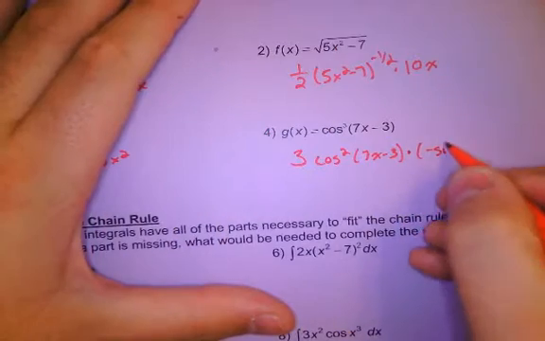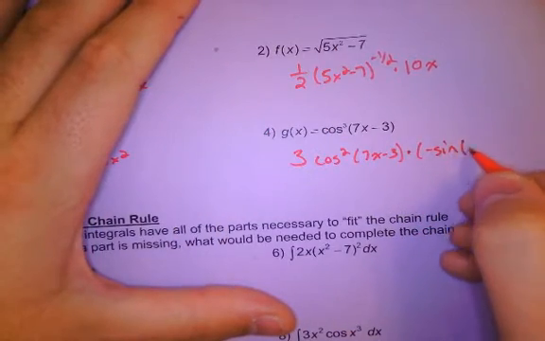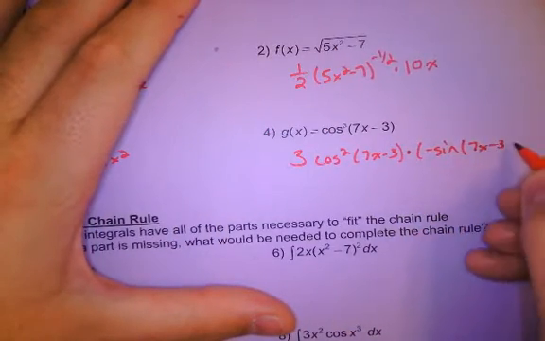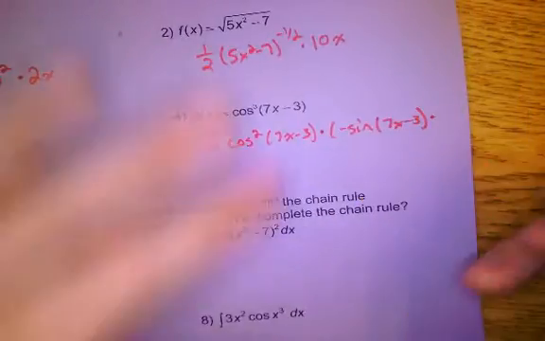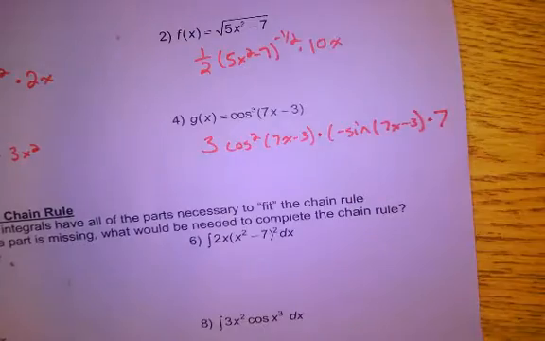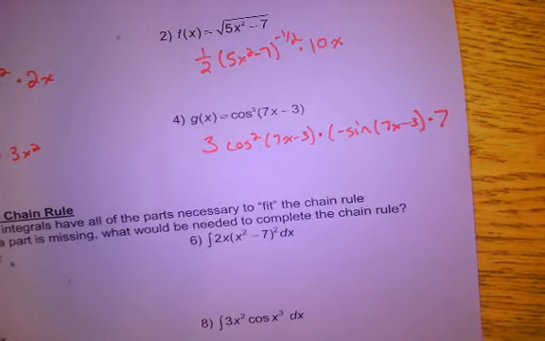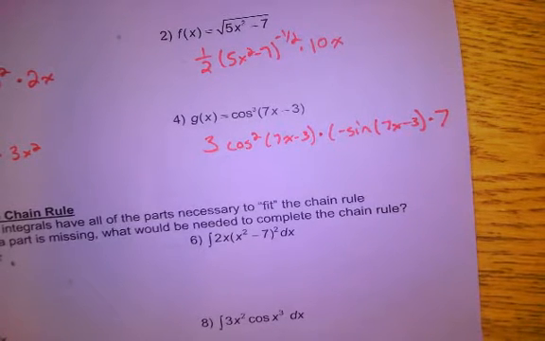Times negative sine of 7x minus 3 times what? There's another inner 7. That's a chain and a chain, and that's a big old pain. Yes.